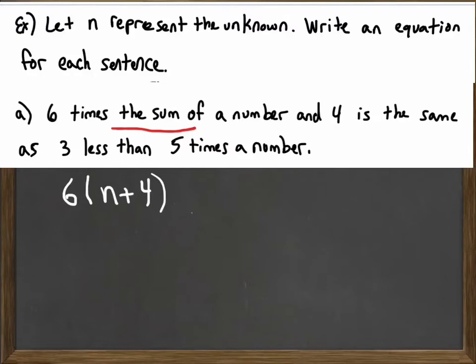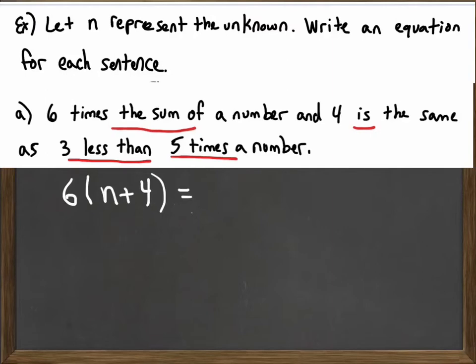Then we continue reading, is the same as, and then we have 3 less than 5 times the number. So once again we see that less than showing up. So is the same as means equals, and then it's 3 less than 5 times the number.